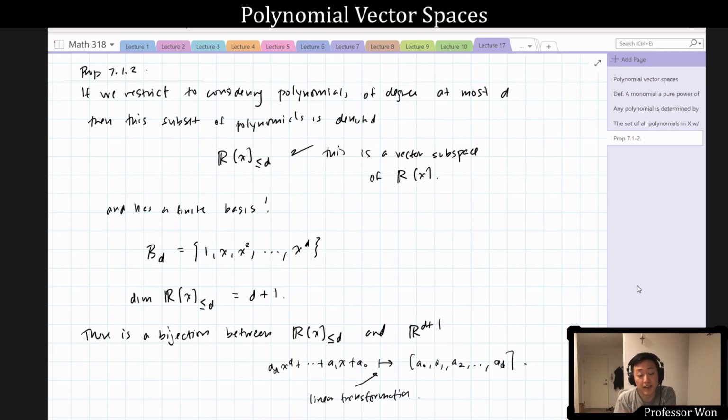When you scalar multiply a vector in R^(d+1), you just multiply the same scalar into the entire vector. So when you think of a polynomial as a sequence of coefficients, if you add them, it's just like you're adding the coefficient vectors. If you scale it, it's like you're scaling the coefficient vector. So this vector space behaves exactly like this vector space. Again, you would say that these are isomorphic vector spaces.